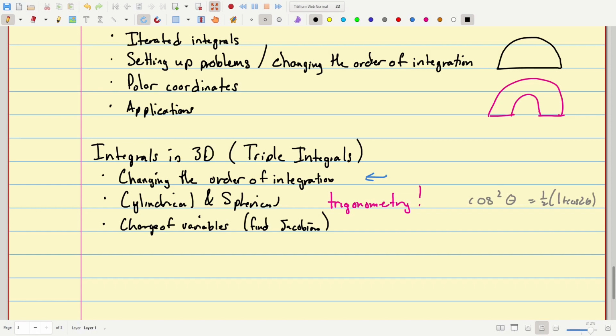Those are questions that I could ask, and they're really good questions because you should know whether or not you got the right answer. r dr d theta, we know that one. r dr d theta dz. Well, I changed the order, but that's fine. And then rho squared sine phi for spherical. Too many round things, mixing my words up.